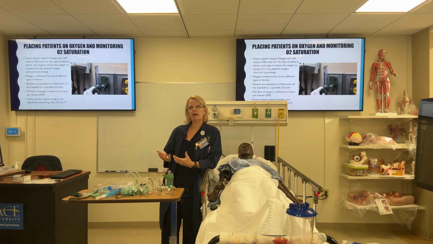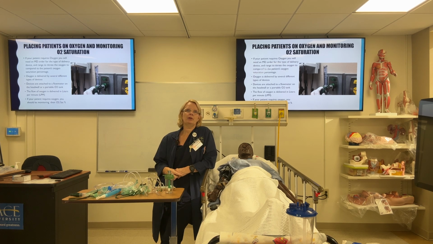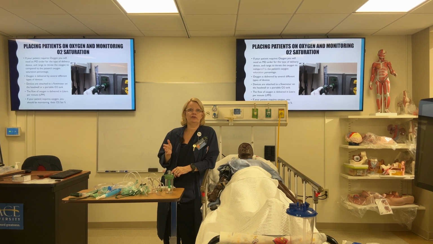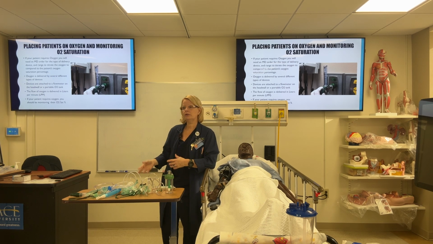So if I chart on a patient and I say the patient is on room air, I'm literally saying the patient is breathing in 21% oxygen. That's what we're all living off of. When a patient requires more than 21%, more than room air, then we're going to start putting them on devices. And those devices are going to equate into a percentage of oxygen. And I'm going to go over that as I talk about each individual device.